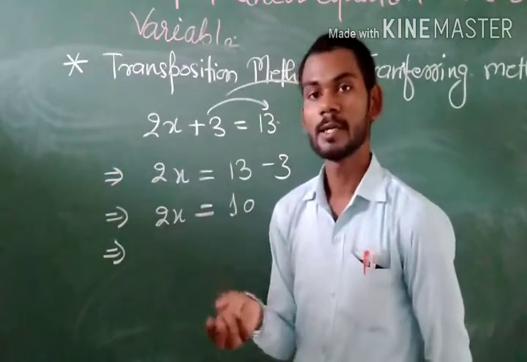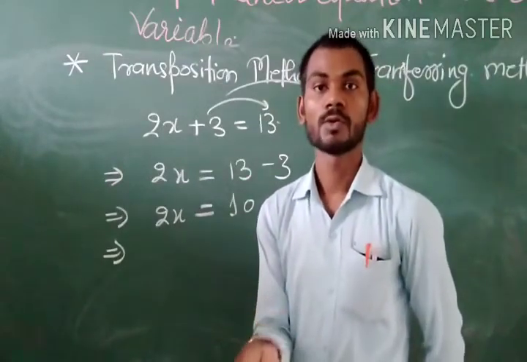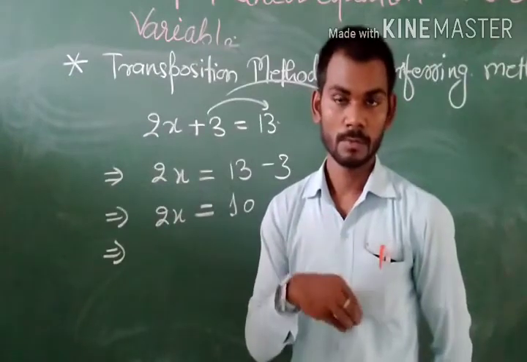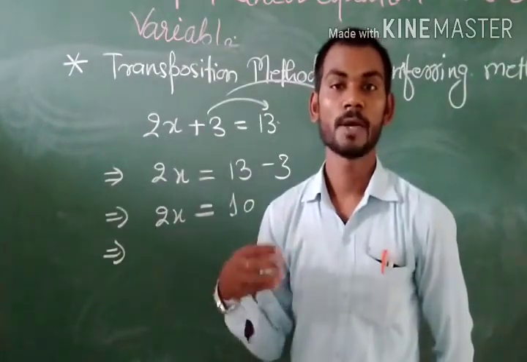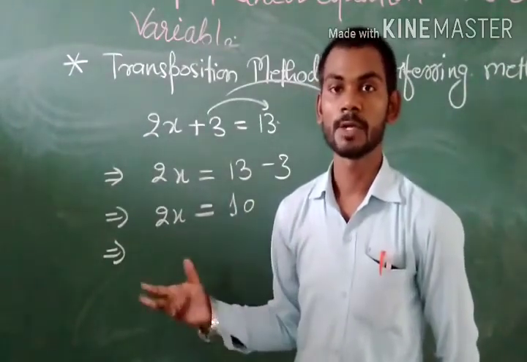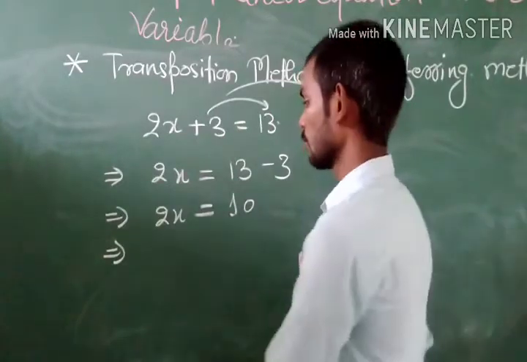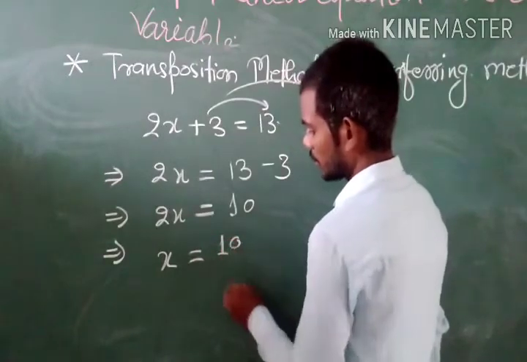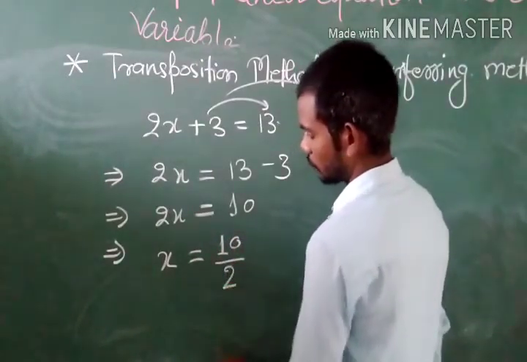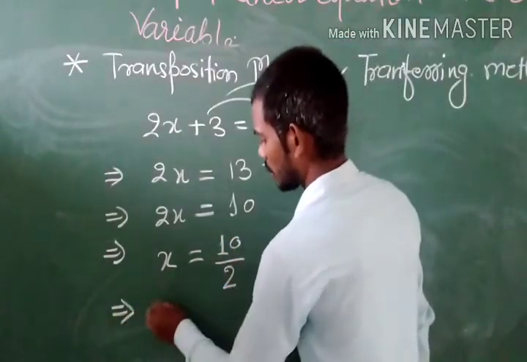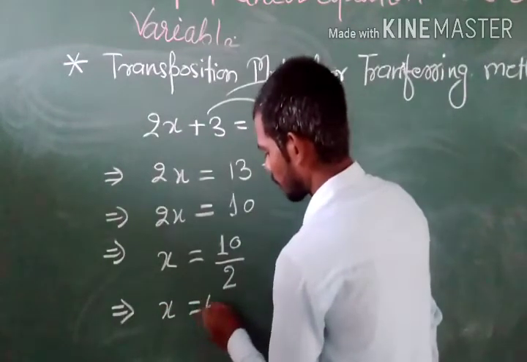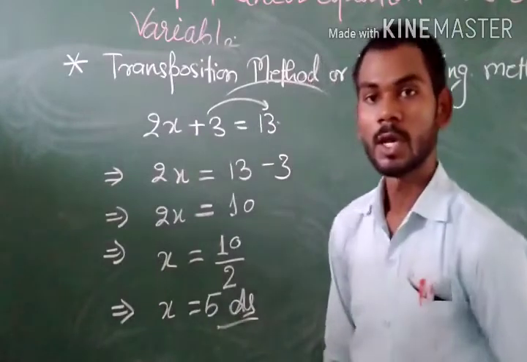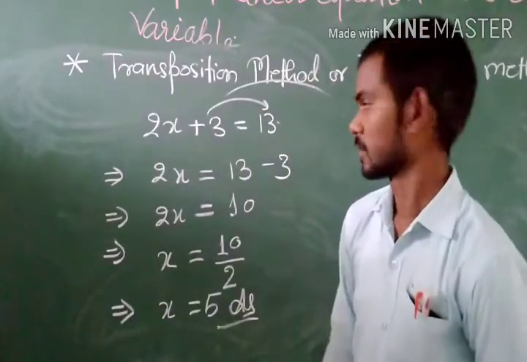As we know that when a multiplier goes to right hand side, or goes to left hand side from right hand side, it becomes divided. So we have x is equal to 10 divided by 2. We get x is equal to 5, which is our required solution of the given question.